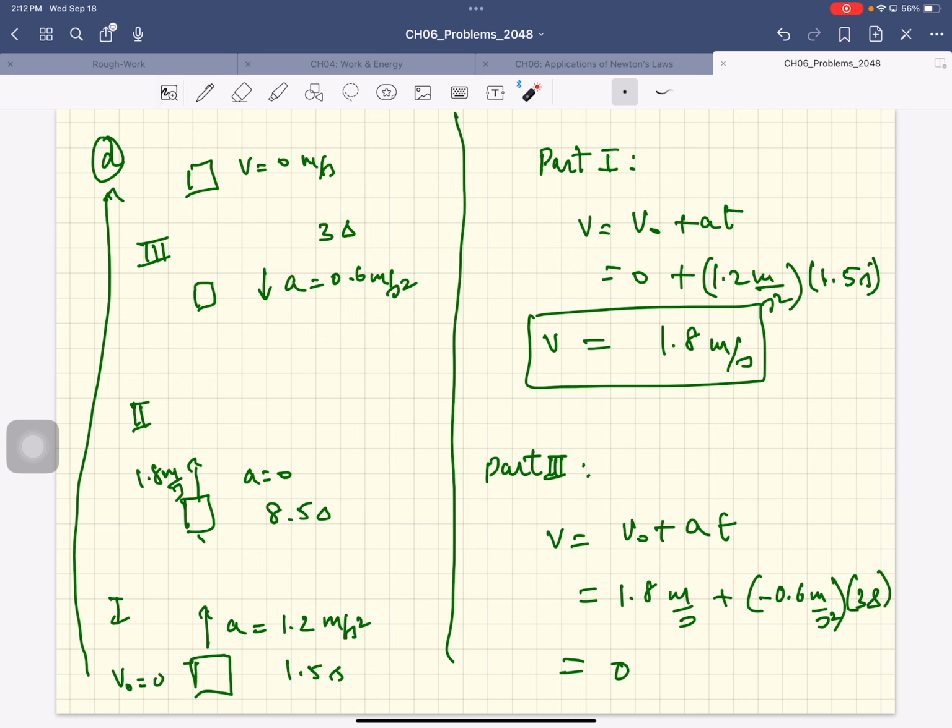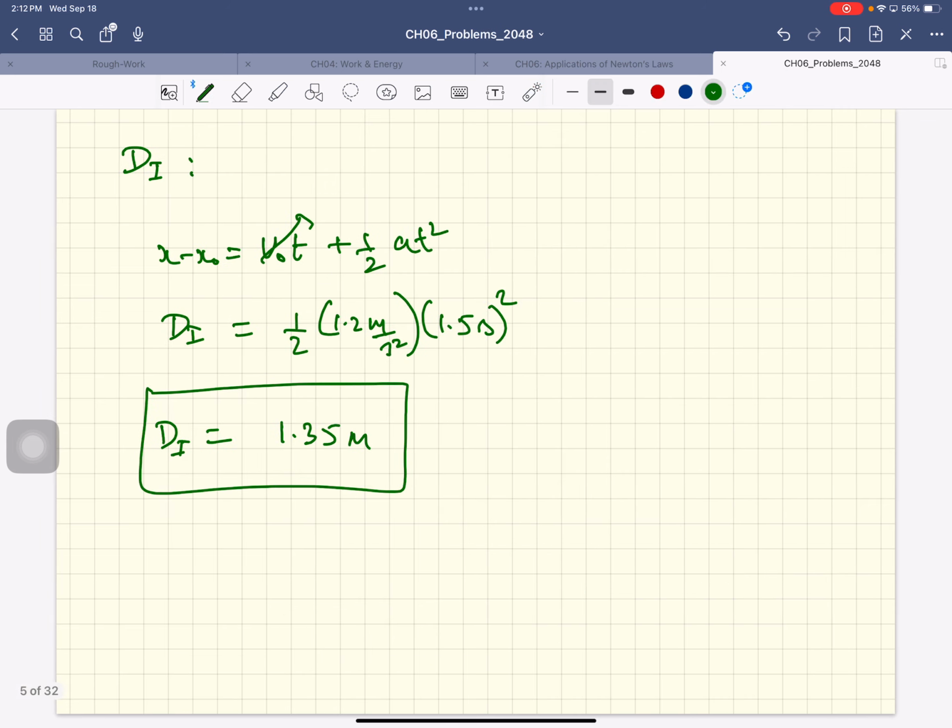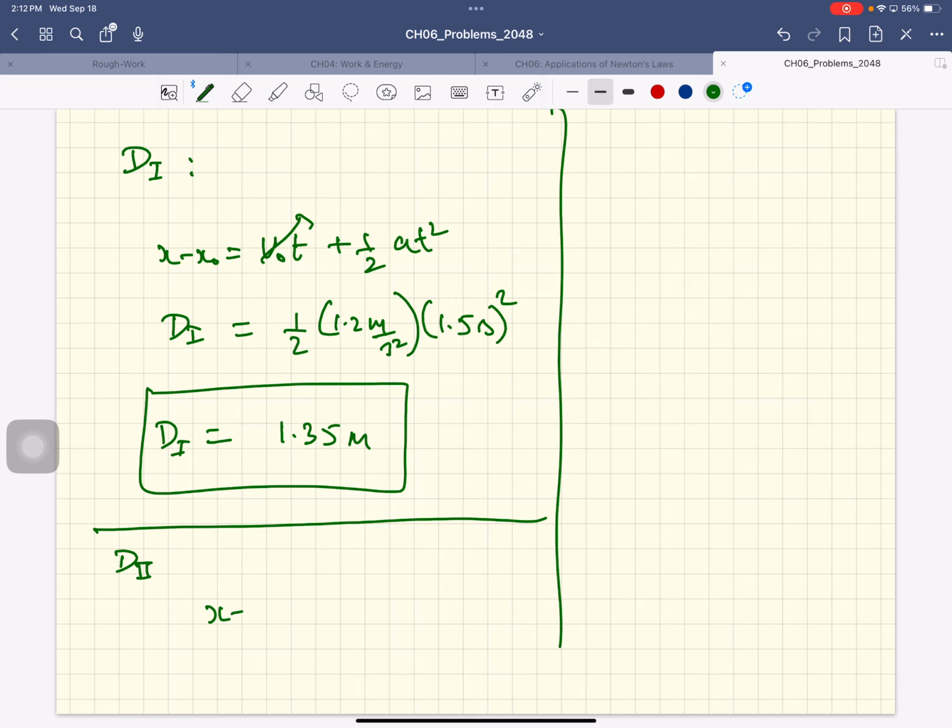For d2, acceleration was 0. The distance traveled is the speed, 1.8 meters per second, times 8.5 seconds.